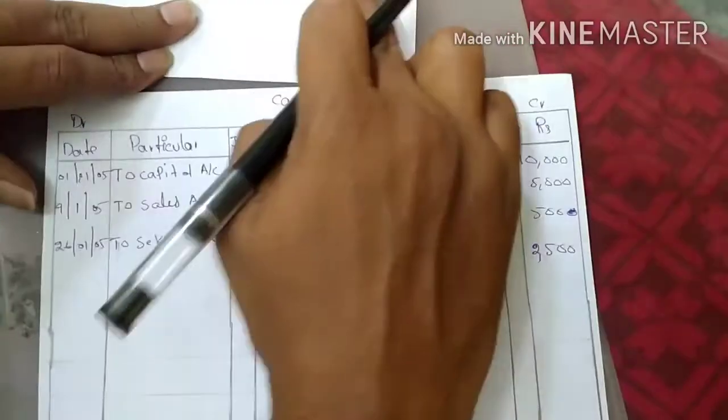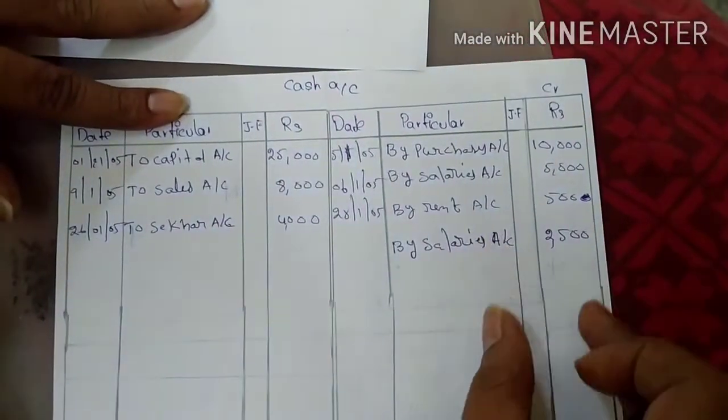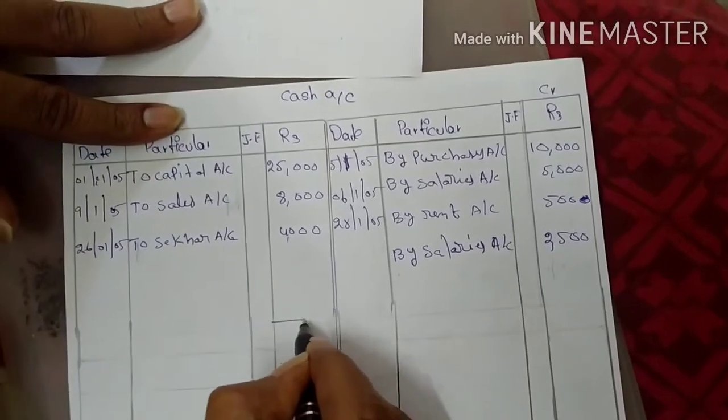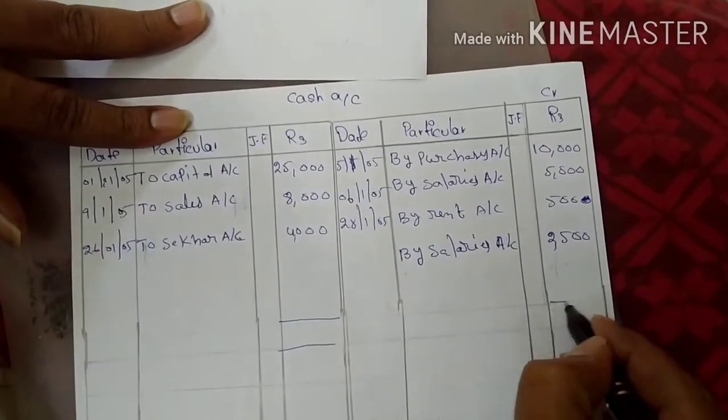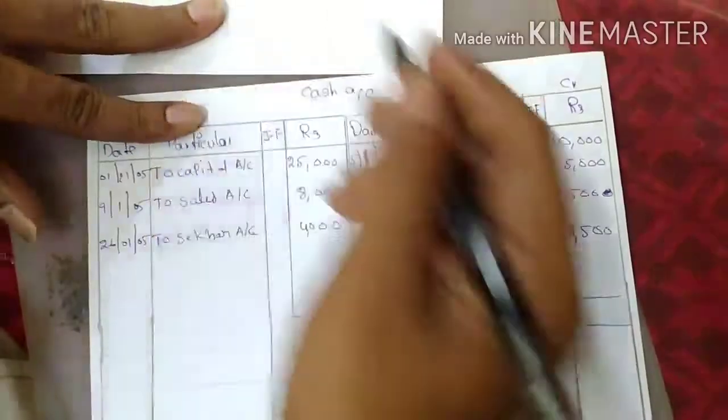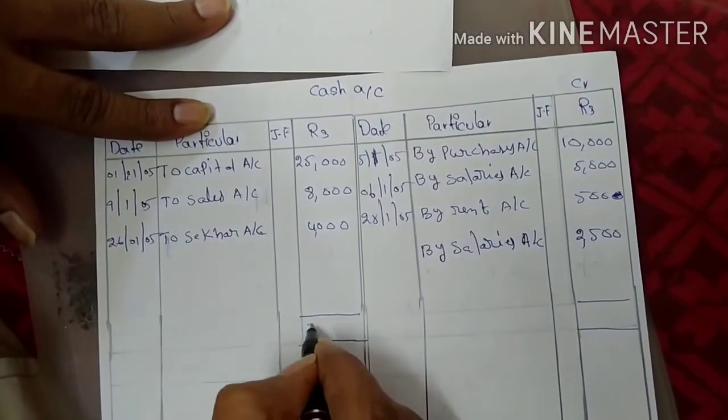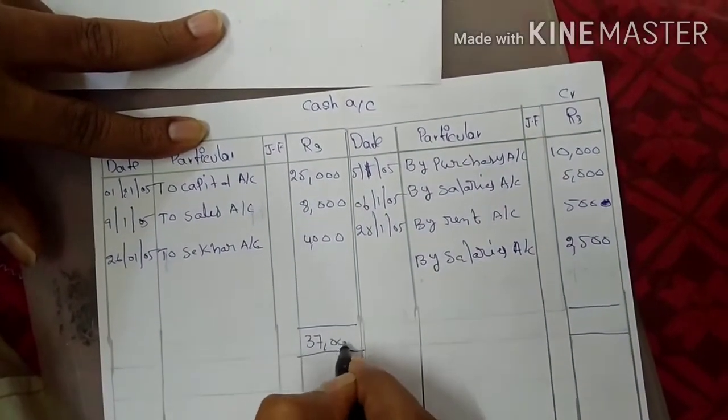So likewise we need to calculate both the sides' total, then the highest total needs to be posted on both sides. 37,000 is the highest.